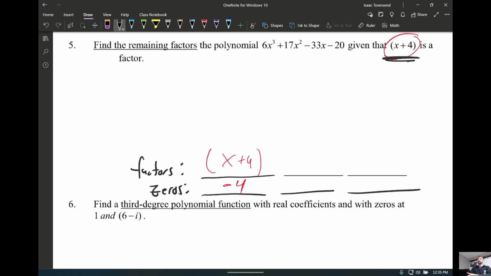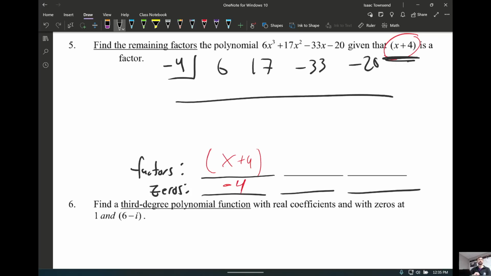Now, because this is an x plus 4, you can do long division, or you could do synthetic division. I'm just going to do synthetic division because I think it's quicker. This equals 0 at -4. I've got 6x cubed, 17x squared, a -33x, and a -20 constant.